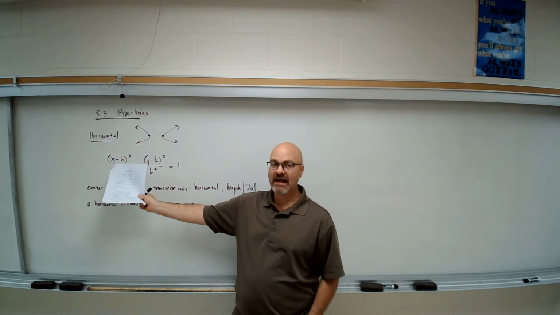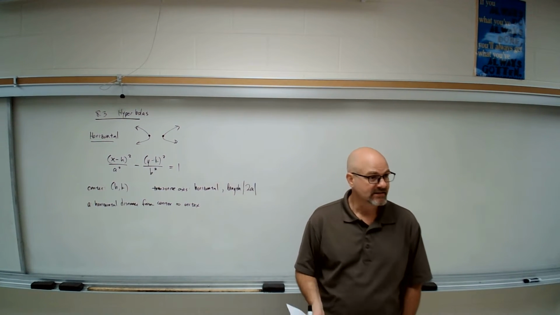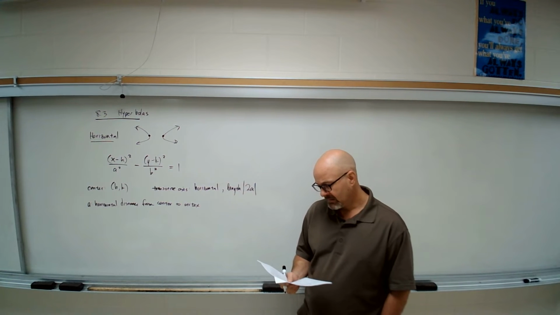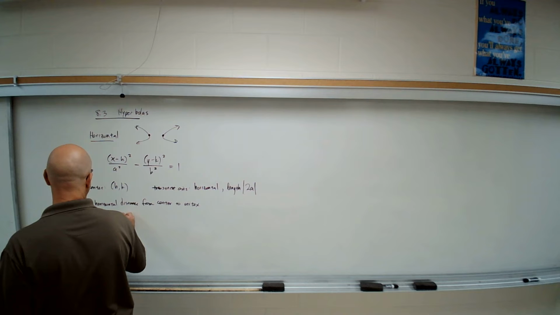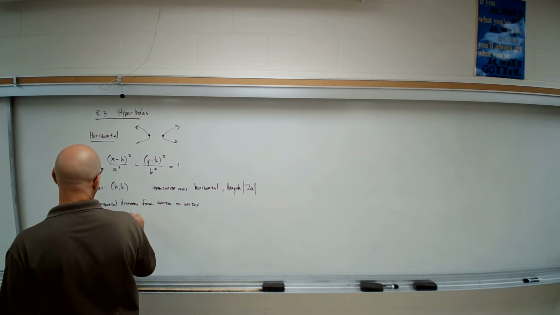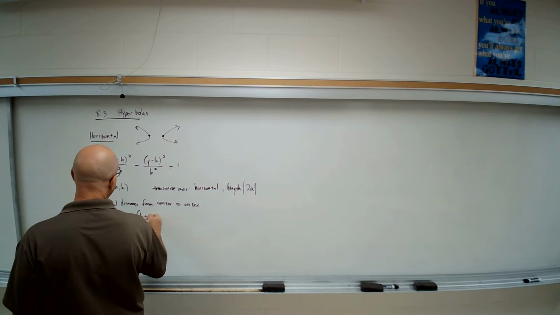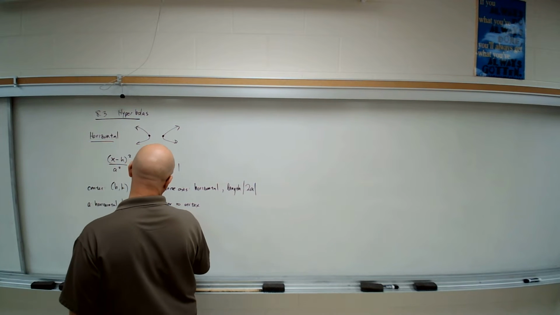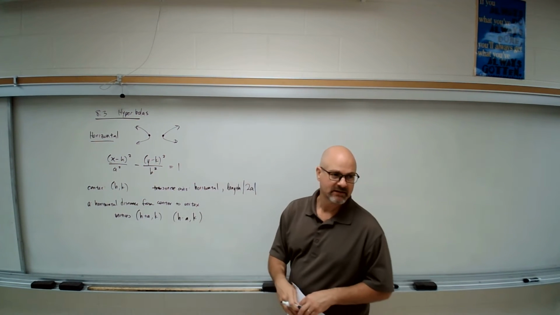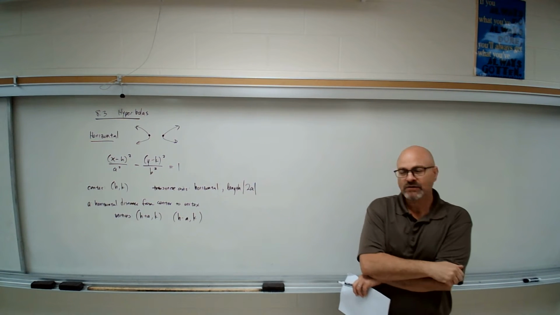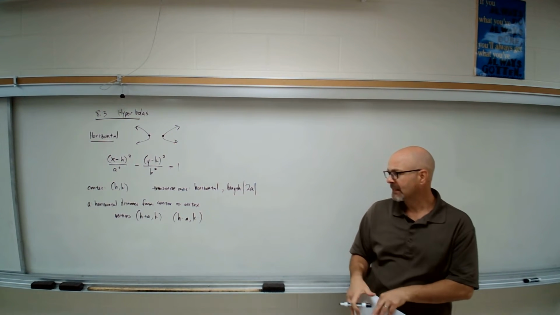Again, we're going to see that a goes with the x's, just like we did before. So our vertices, since we're starting at (h, k), it's going to be (h plus a, k) and (h minus a, k). So again, a units right, a units left from the center.